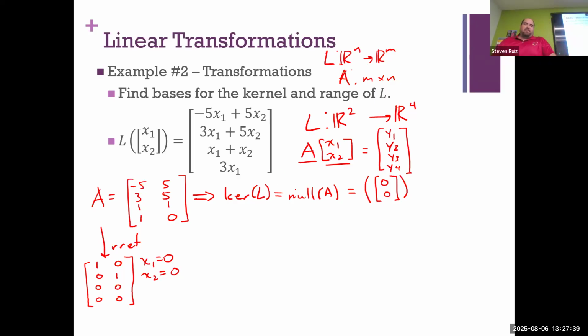So my null space is minimal. It only contains the 0 vector. What's the range? What is the range of L?